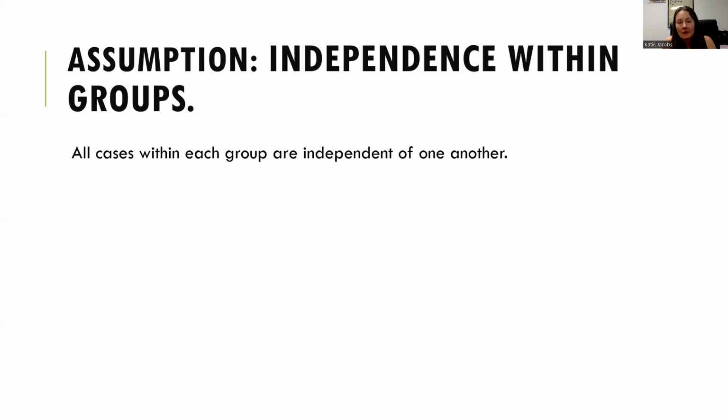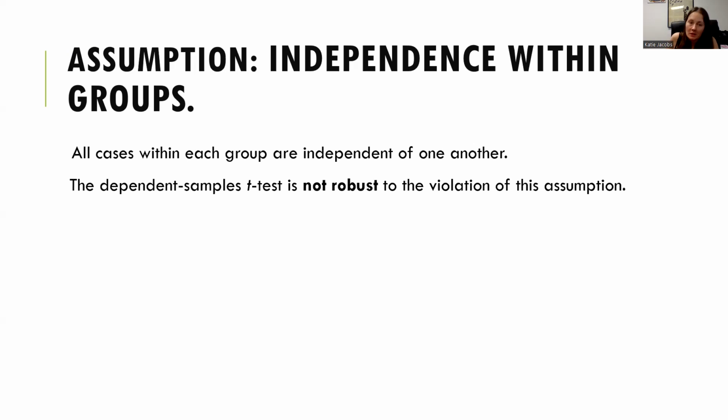So if I had someone in the online class give all the answers to the pre-test and post-test to their peers, or if two people try to take the pre-test and post-test together, which wouldn't make sense because you get participation points for doing it, that would mean that each individual case isn't independent anymore. And that would mean that we violated this assumption. The dependent samples t-test is not robust to violation of this assumption. Unless we have reason to believe otherwise, we just assume that we meet this assumption.